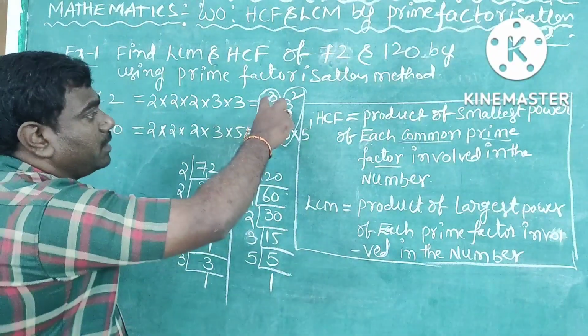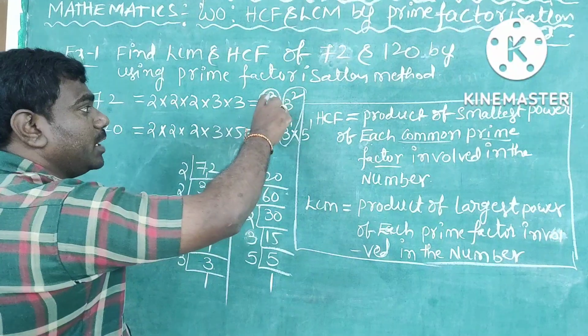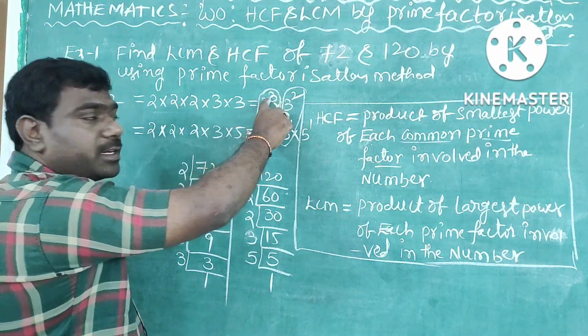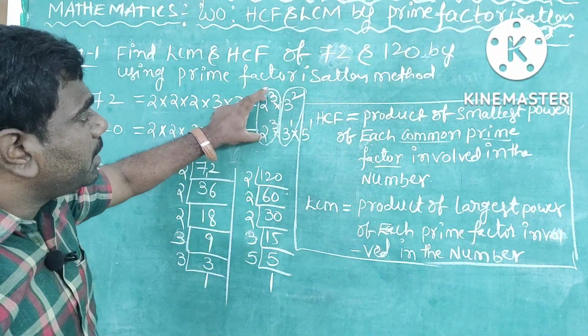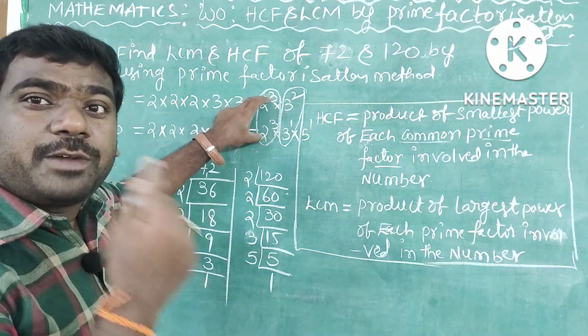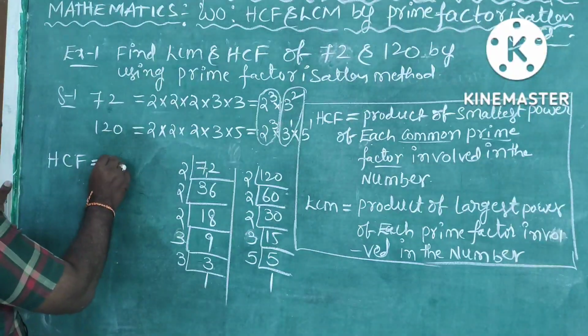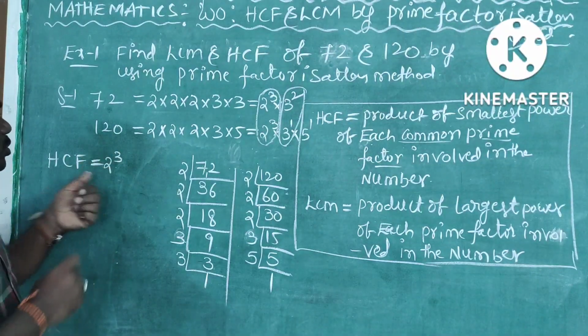In this, can you tell me which is the smallest power here? For the first common factor, 2, both have equal powers. That's why I am taking one power, that is 2 power 3. Why? Because both are the same, so 2 power 3.